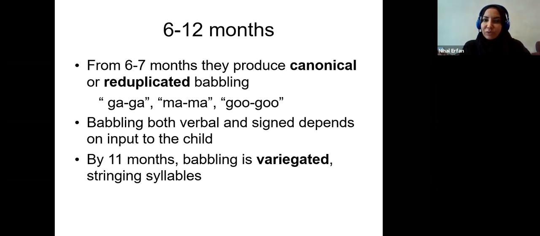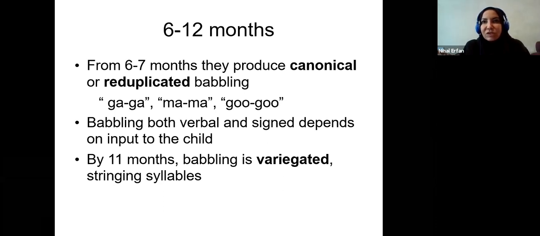So 6 to 12 months, so we finished birth to 6, now 6 to 12, they start to produce something called canonical or reduplicated babbling. So babbling. You have babbling, both verbal and sign. Kids who are not of normal hearing, you can still introduce sounds to them by signing, and their acquisition depends on your input.